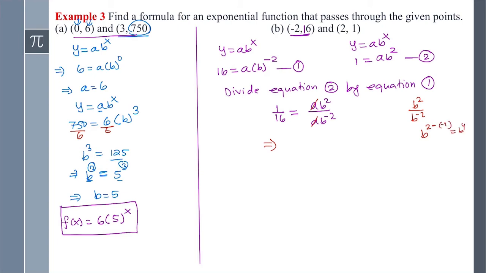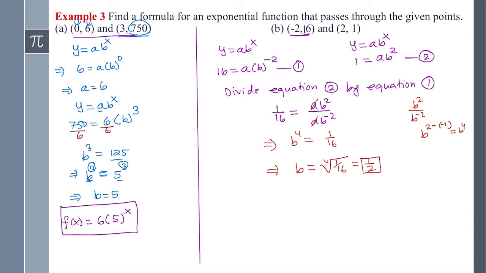So b squared divided by b to the negative 2 is b to the fourth equals 1 over 16. Now if we take the fourth root, we get b equals the fourth root of 1 over 16, which is 1/2. So we got the value for b.